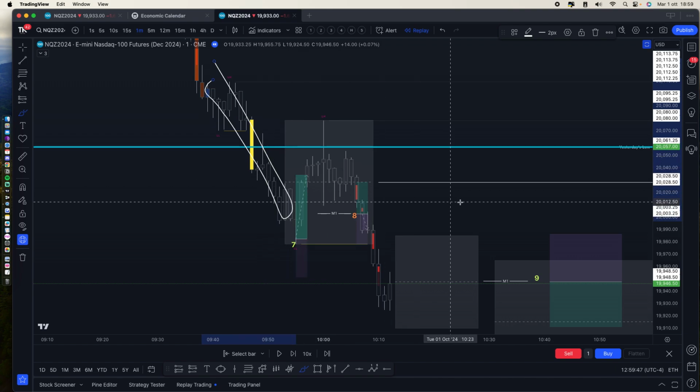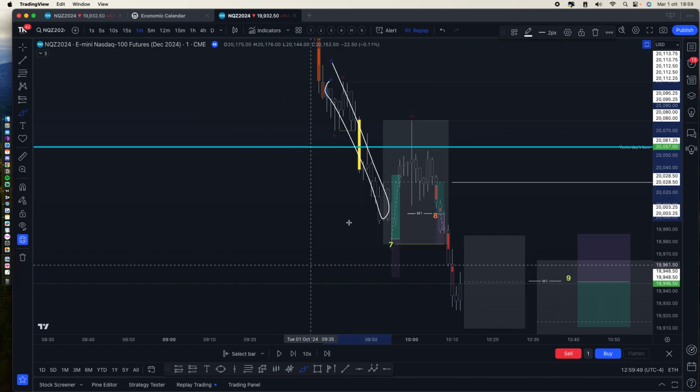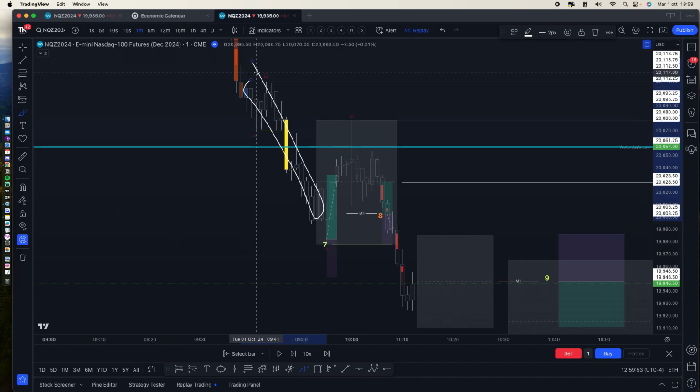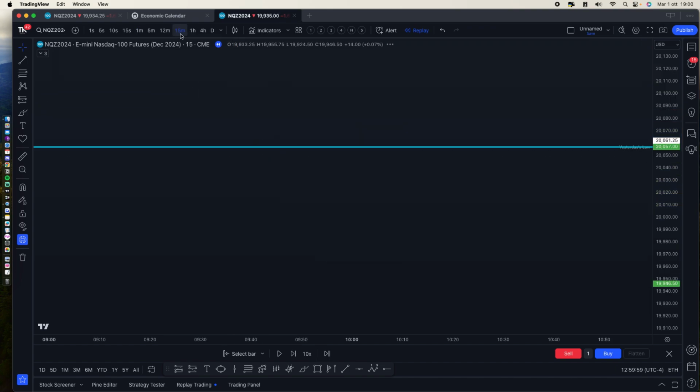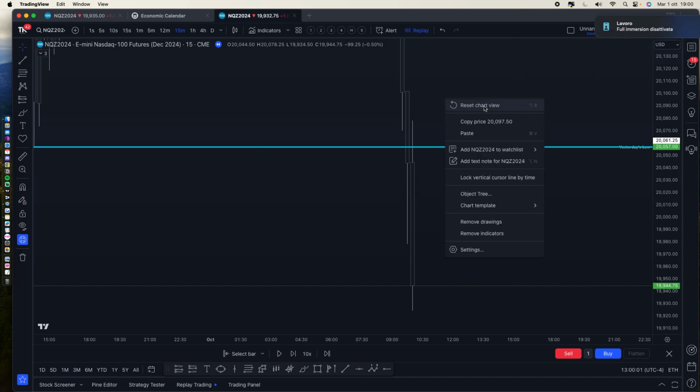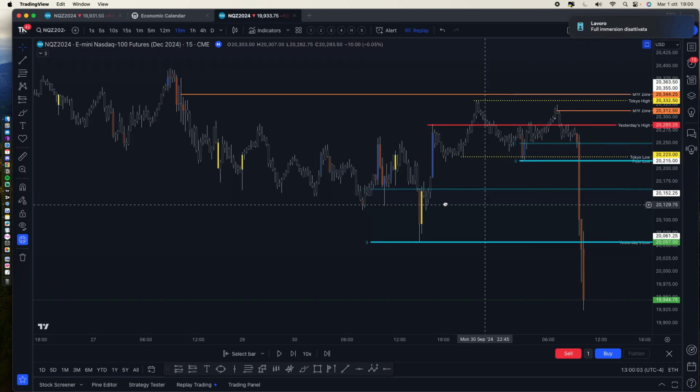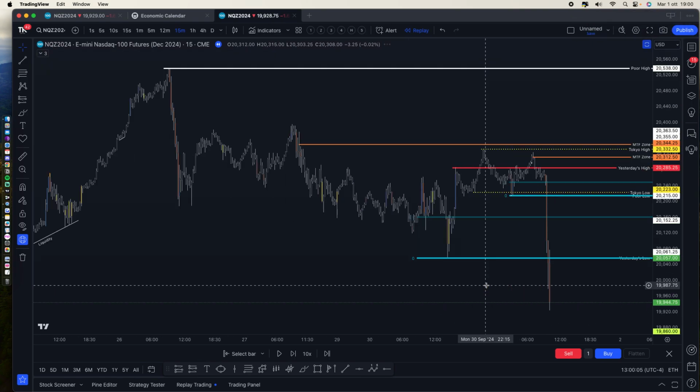But we are inside the higher time frame demand zone that I highlighted before. I was confident with my daily bias again.